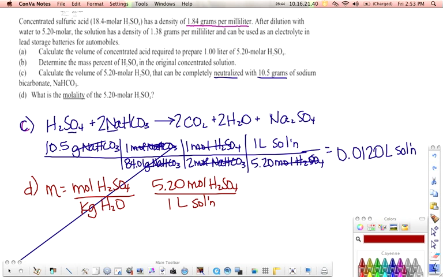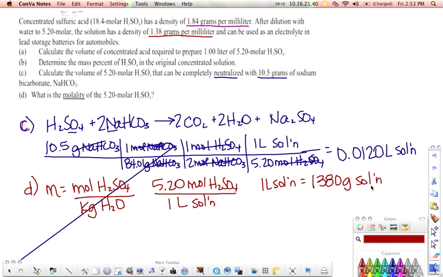So what I'm going to do, I'm going to first convert my liters of solution to mass of solution, since I ultimately need to get to mass. So every liter of solution, according to the density that's right here, 1.38 grams per milliliter. Well, I have a liter, so I get to multiply this by 1,000. So 1 liter of solution is going to have a mass of 1,380 grams.